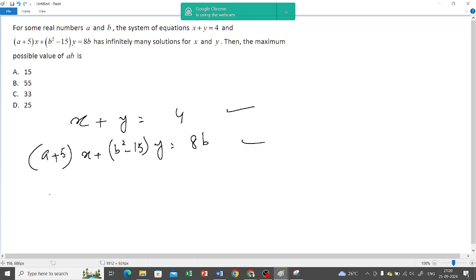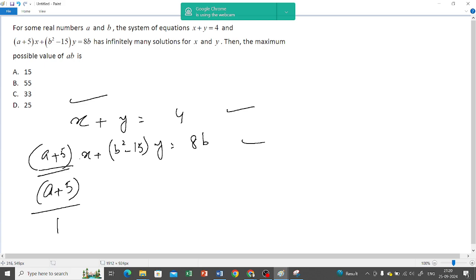So that means a by 5, I mean the coefficient of x divided by the coefficient of x over here. I mean the coefficient of x in the first equation divided by the coefficient of x in the second equation. So whichever you take as first equation and second equation, okay?